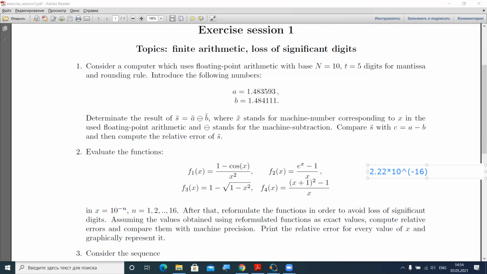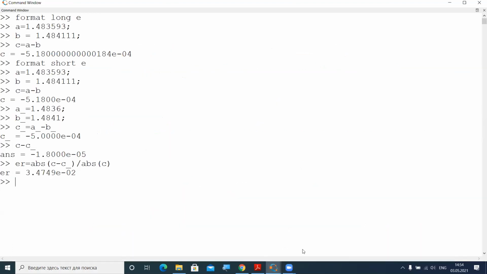This is the machine precision, the accuracy of machine computing. Okay, now so here we have 16 digits after the point. Now let's write, first of all, the given function. Let me clear all.